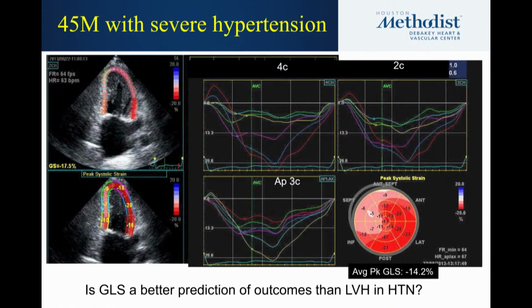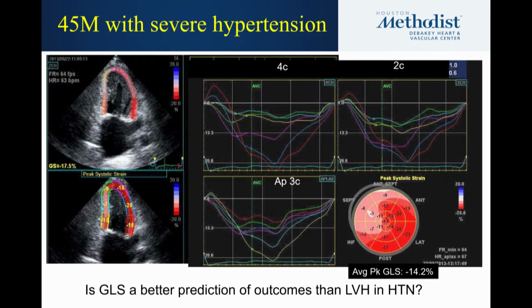So, question, is GLS a better predictor of outcome than LVH in hypertension? We don't know. Stay tuned. This is being studied by multiple labs. There's been some publications already suggesting that it may be, but I think we need more data to know, and perhaps where it's going to be of value is in the hypertensive patients that do not have much LVH, if they do have a depressed GLS.